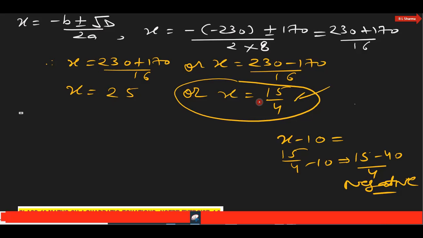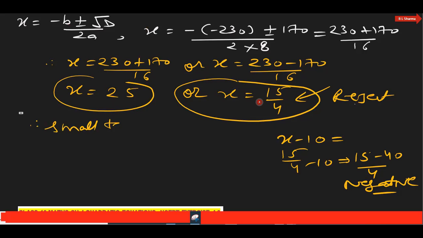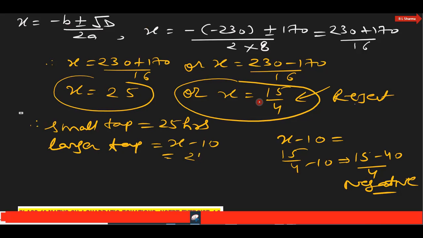So we have to reject this. So what is accepted? x is equal to 25. Therefore, the smaller tap will take 25 hours. Larger tap, that is x minus 10, that is 25 minus 10, that is 15 hours, and that is the answer of this question.